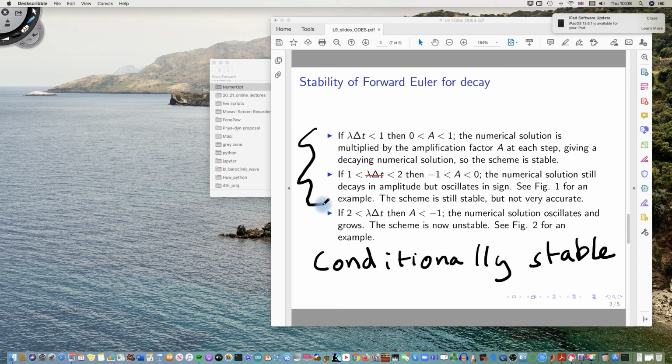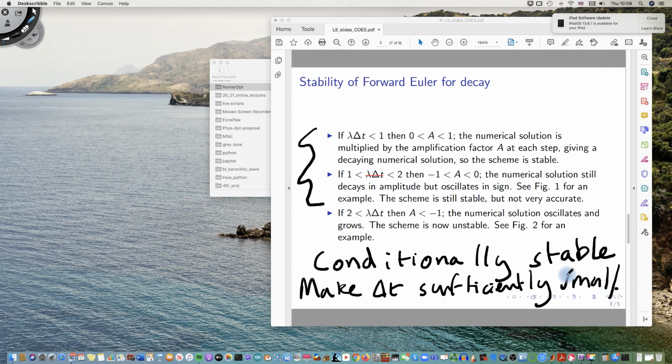But really the top one is the ideal. So basically we want to make delta t sufficiently small for stability, and that's what the top case is. So that's a very useful take-home message from this video.